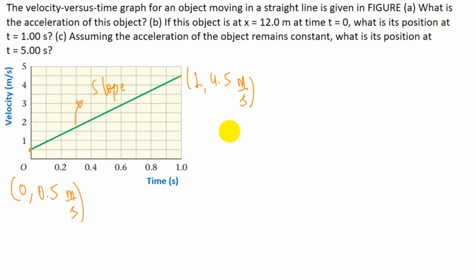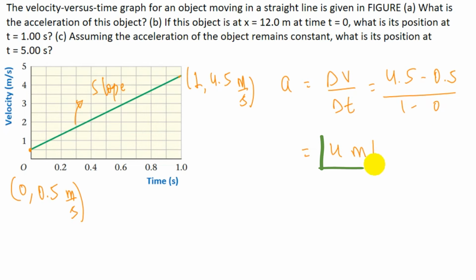Now for the acceleration, we can find the slope, which is delta V over delta T. So delta V is 4.5 minus 0.5, divided by delta T, which is 1 minus 0. That equals 4 meter per second squared. So this is the acceleration of the object, and the answer for the A part.